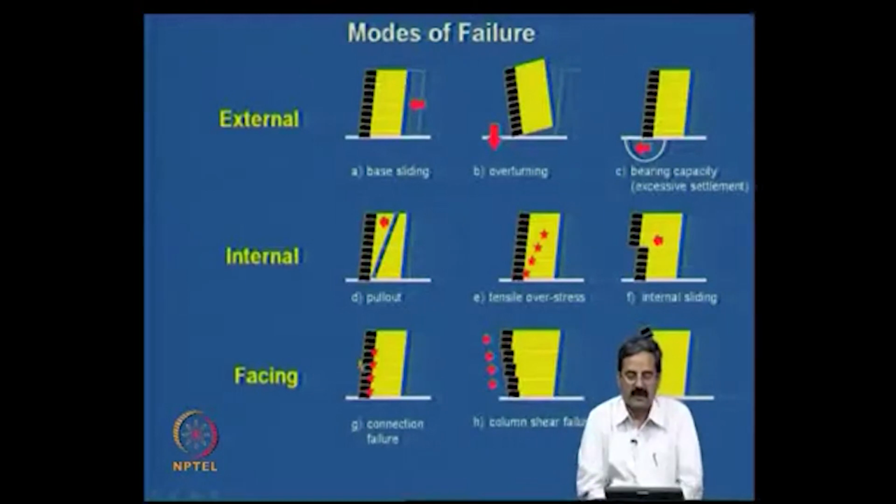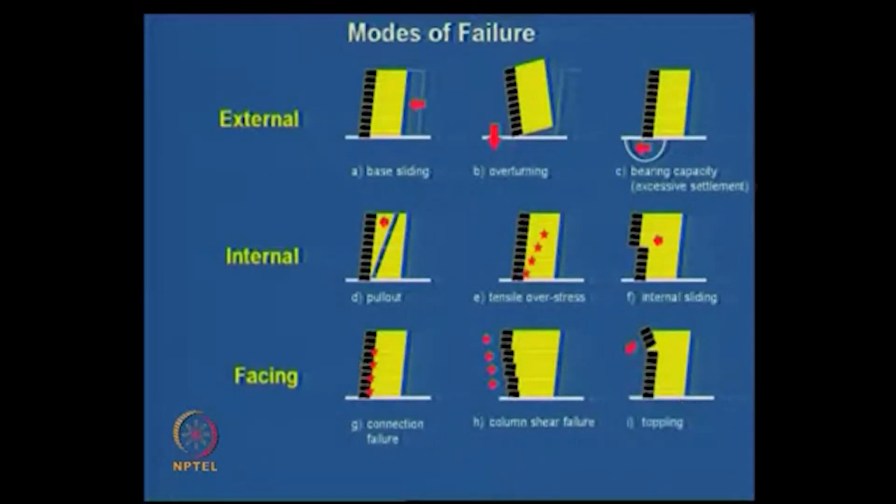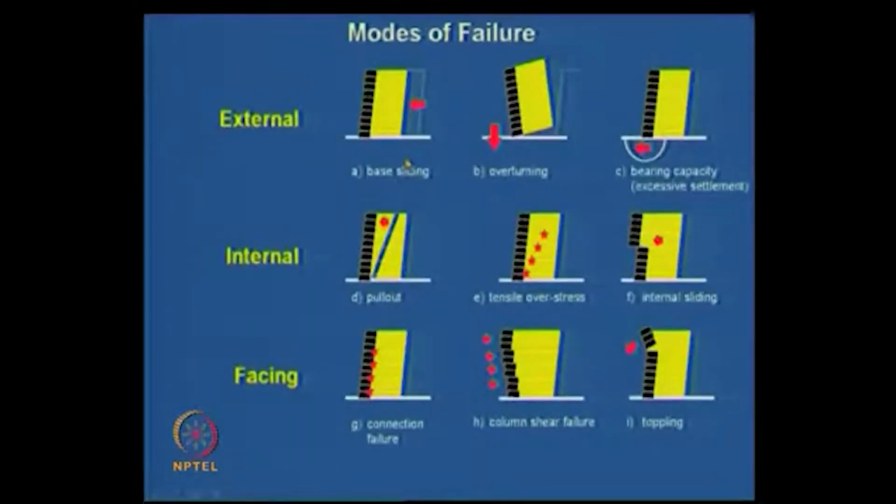Very importantly, since you are putting facia blocks, one should understand that they can fail also. It's not easy to simply stack one over the other. Similar to regular retaining walls, you should do base sliding, overturning, and bearing capacity calculations, internal stability calculations, pull out, tensile resistance, internal sliding.